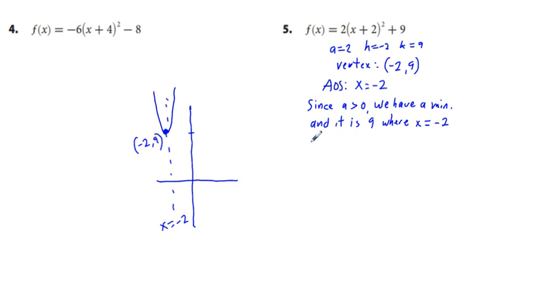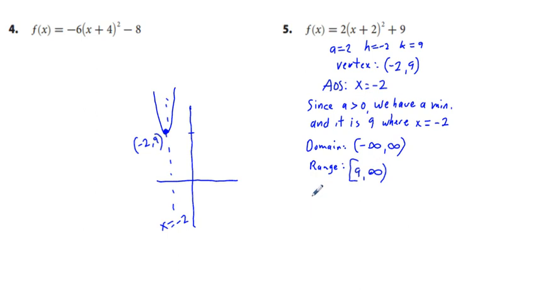And so let's get our domain here first. We have all real numbers, greater than negative infinity, less than infinity. We have our range. Our range is going to be, we have a minimum value of 9, so y is less than infinity.